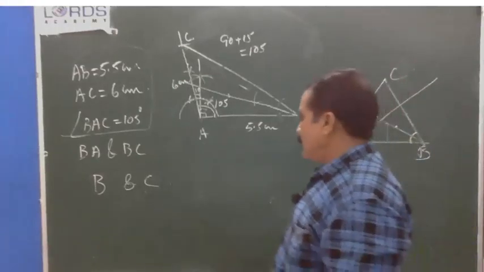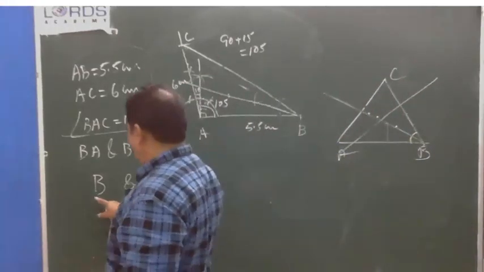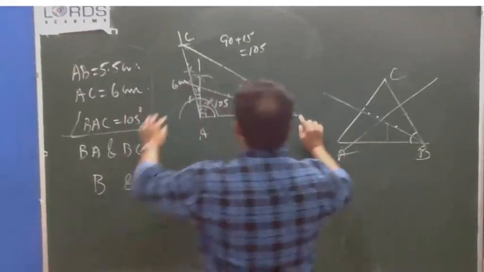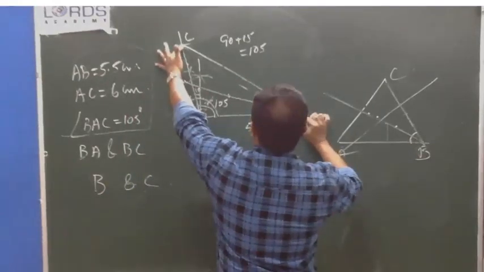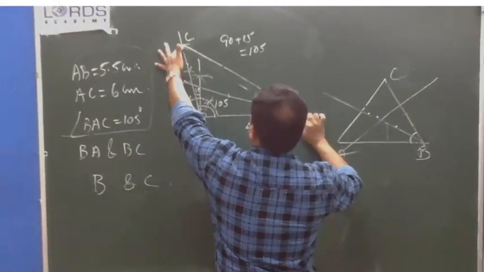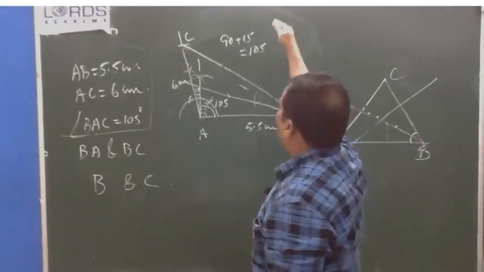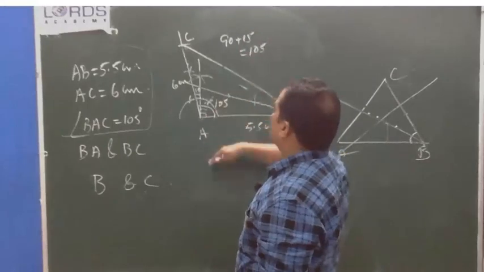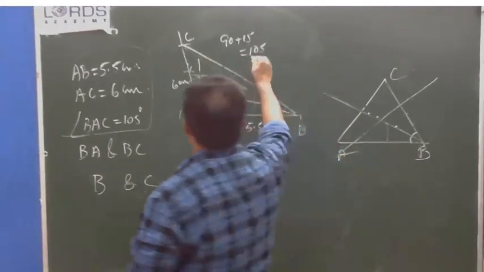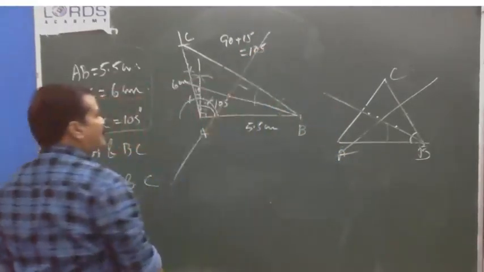Then again, the locus of points equidistant from B and C means you have to draw the perpendicular bisector of BC. For this, with B and C as centers, you draw arcs on both sides, and you will get it like that.